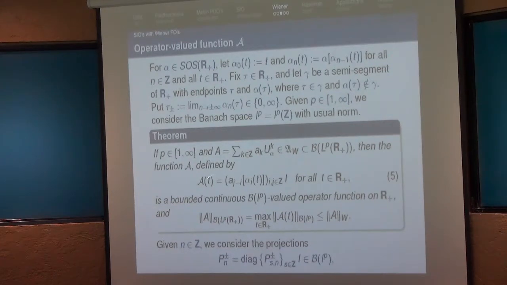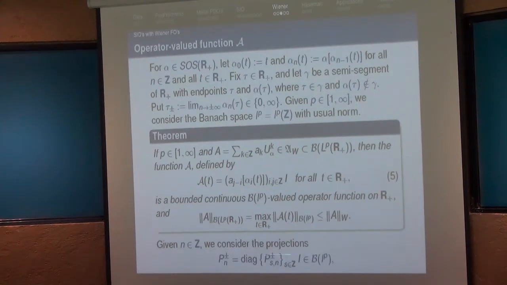So it is a so-called band-dominated matrix. So this matrix function with such values for all points t of the real line is a bounded continuous B(l^p)-valued operator function, and its norm, the maximum of the norm at each point t when t runs through the positive half line, is less than or equal to the Wiener norm of the functional operator A.